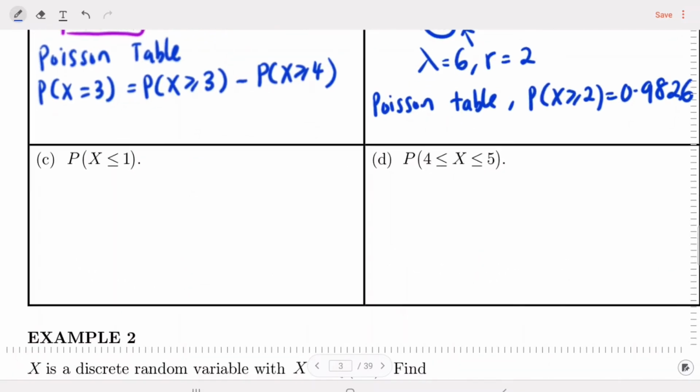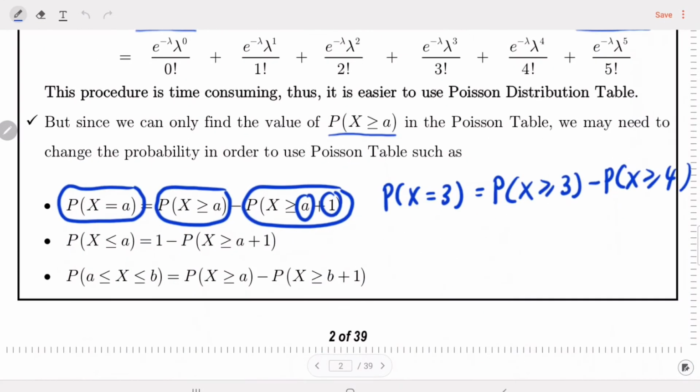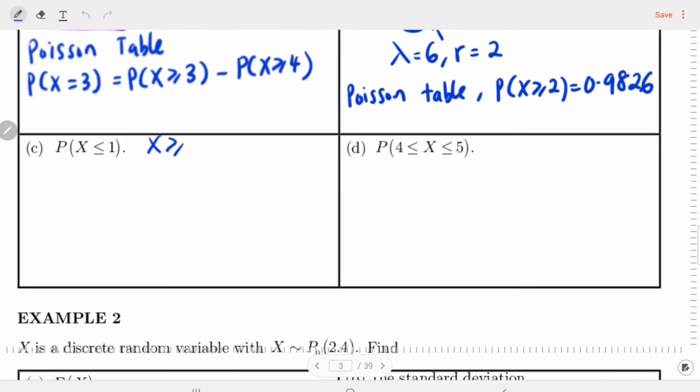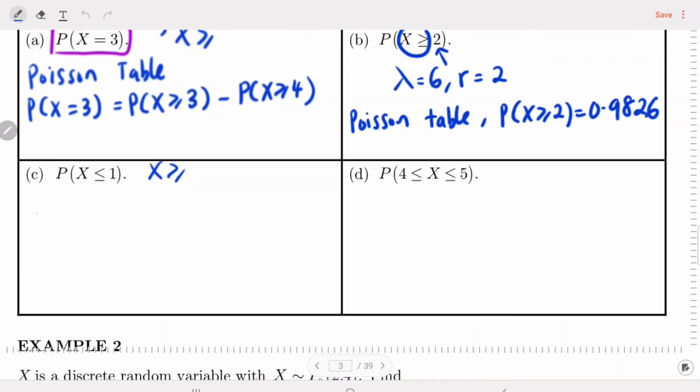Next, C, the probability X less than or equal to 1. In order to use the Poisson table, we need to change it into X greater than or equal. Looking at the formula before, for X less than or equal to a, it is 1 minus the probability X greater than or equal to a plus 1. Thus, here it is 1 minus the probability X greater than or equal to 1 plus 1, which is 2.